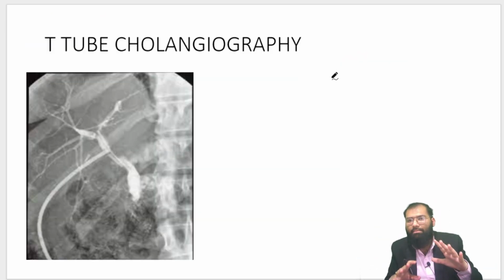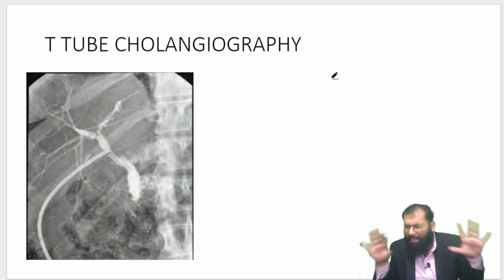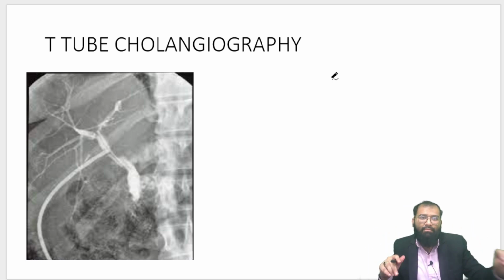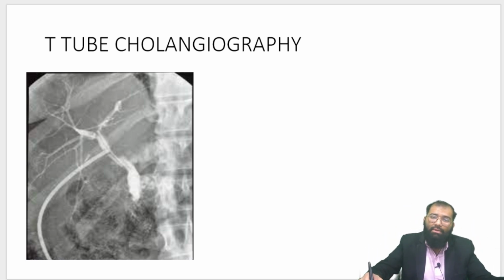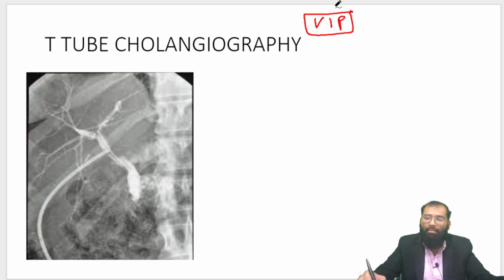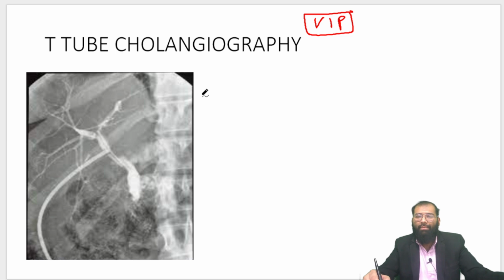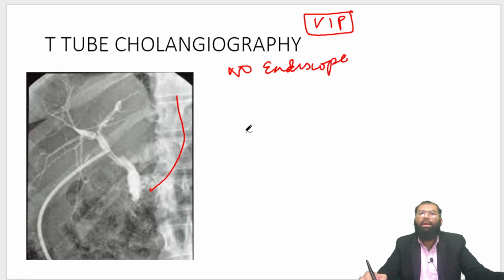Now let us move to another very similar looking investigation. Now this is a VIP question which was again recently asked in exam. Very important. Now here, are you able to see an endoscope? Answer is no, there is no endoscope. But here you are able to see something special. Try to look for it.